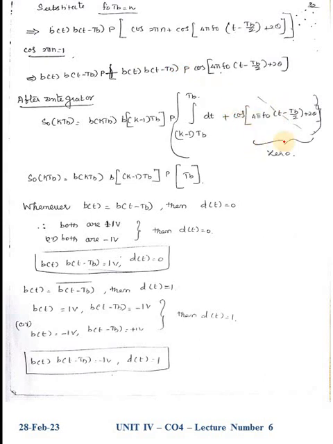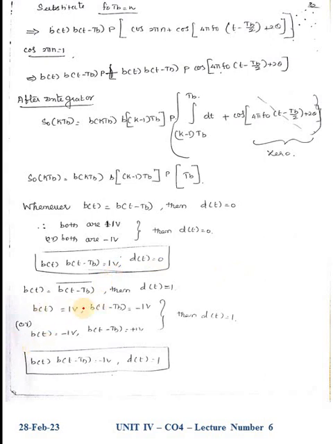Due to the phase reversal, these terms get cancelled. So s naught of kTb is equal to b of kTb into b of (k minus 1)Tb after substituting these elements. Whenever b of t is equal to b of t minus Tb, that is the delayed unit, then d of t is equal to 0, that is, the Euclidean distance is 0. Both are plus 1 value or both are minus 1, then d of t is equivalent to 0. So b of t into b of t minus Tb is equal to 1 volt for d of t equal to 0.